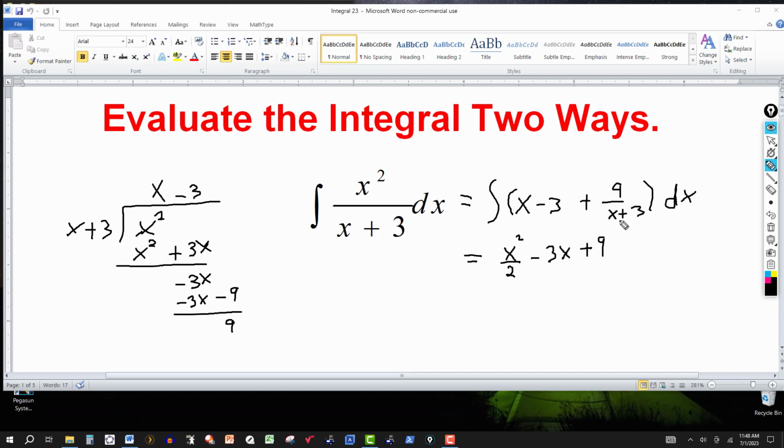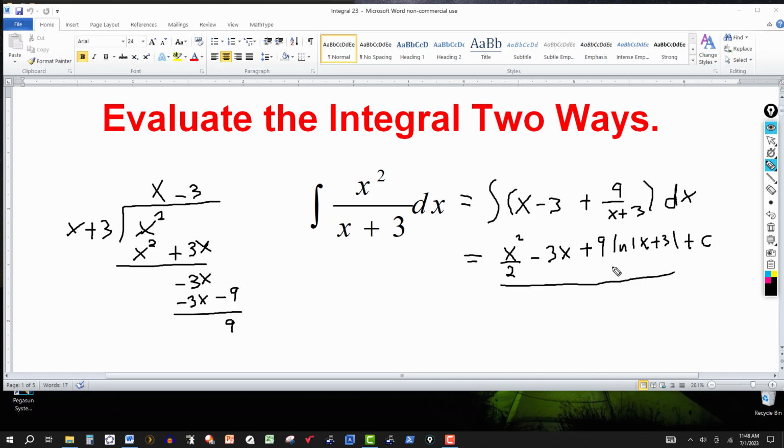If you let u equal x plus 3, the derivative of that is dx. So du would be dx, natural log of absolute x plus 3, plus your constant of integration. So this is what you get if we do it that way.